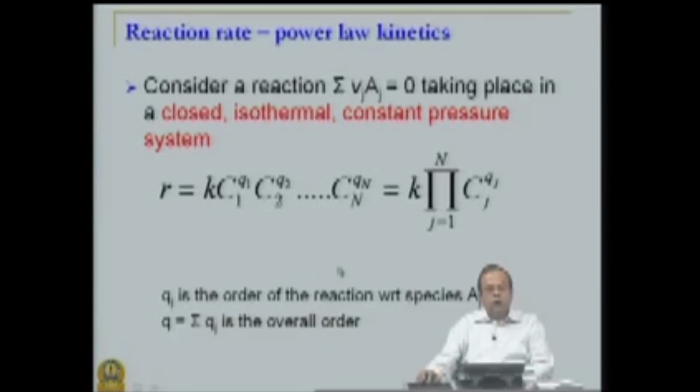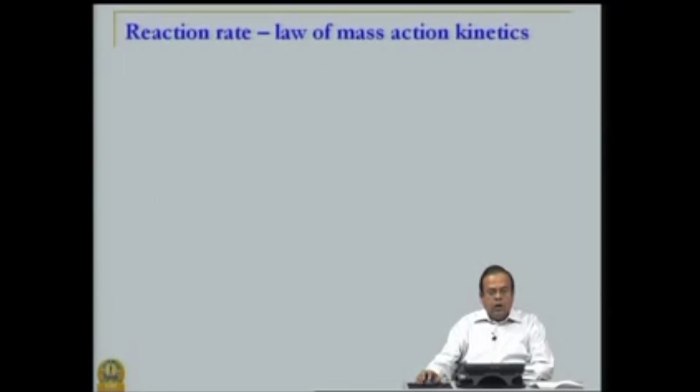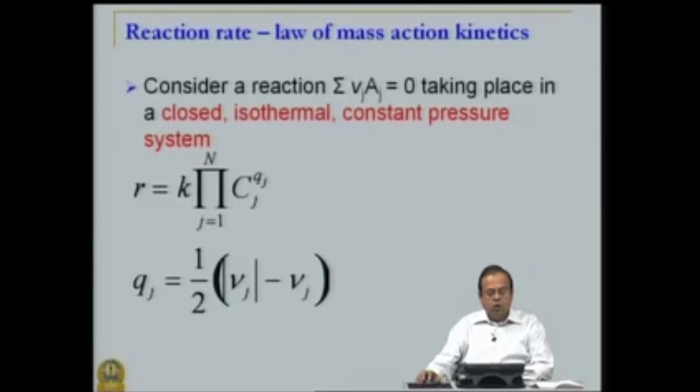Now, this is as far as simple power law kinetics is concerned. A specialized case of power law kinetics is what is called the law of mass action kinetics. This law of mass action kinetics is again a case where these orders are related to the stoichiometry of the reaction.